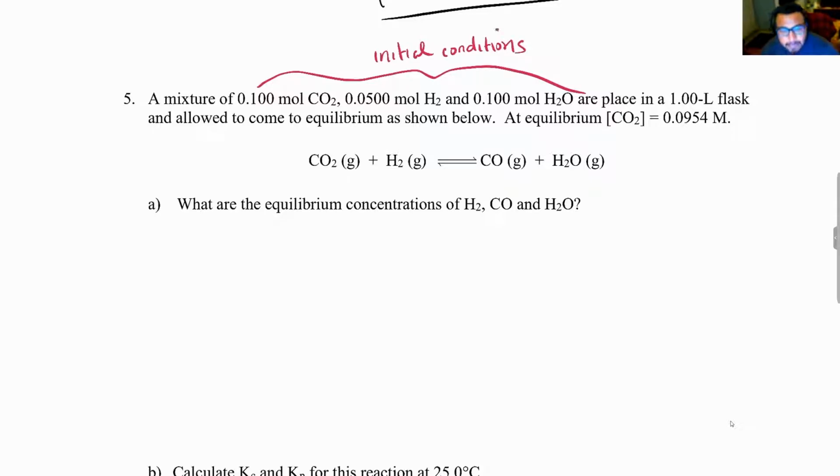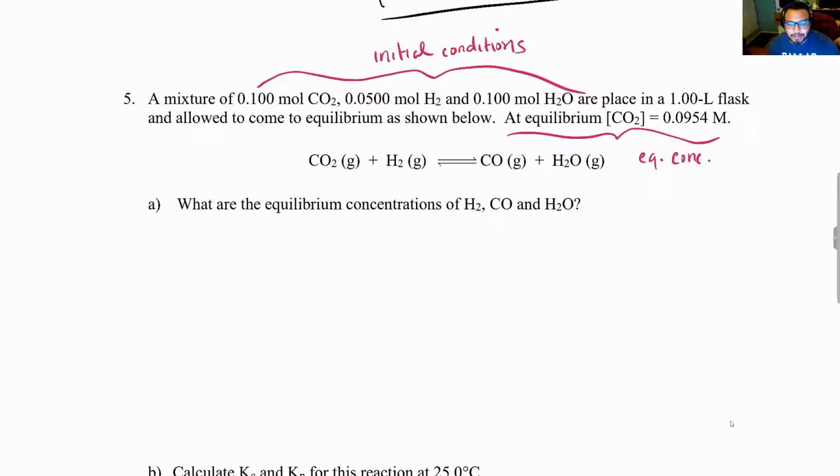These are our initial values for our reactants and products, and then some change is going to occur on their way to reaching equilibrium. And this would be our final concentrations, our equilibrium concentrations. So there's something that happened between the initial conditions and the equilibrium conditions.